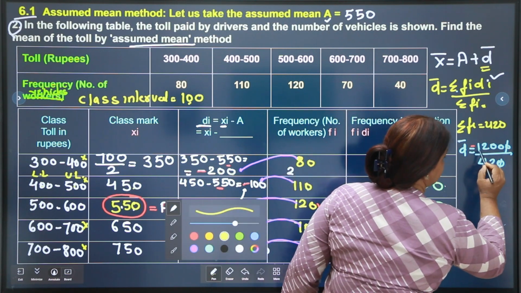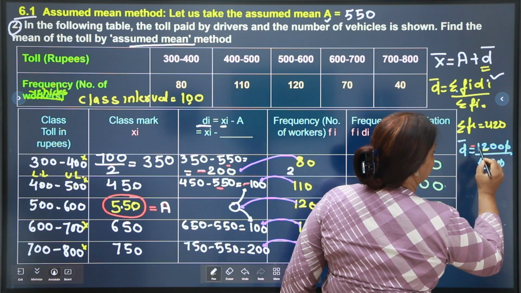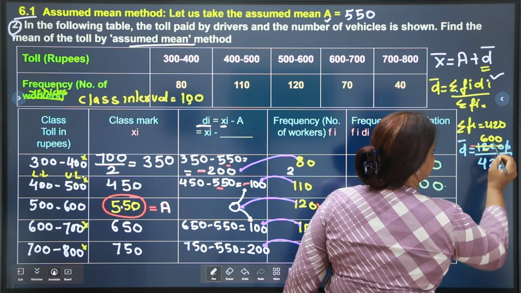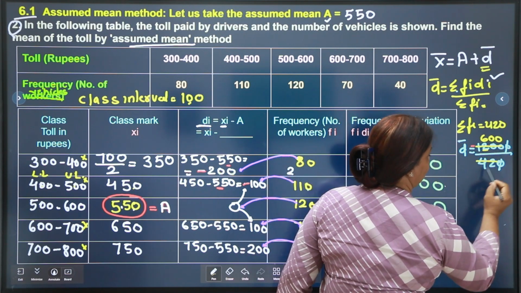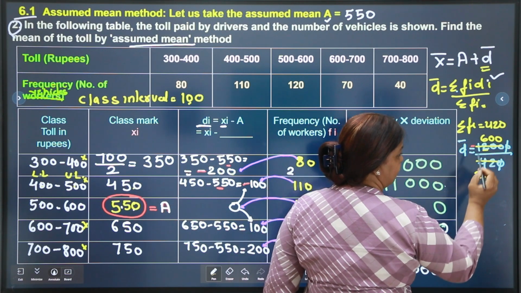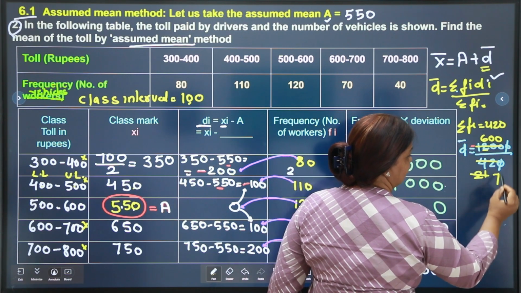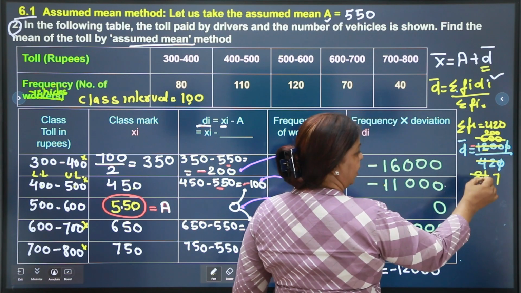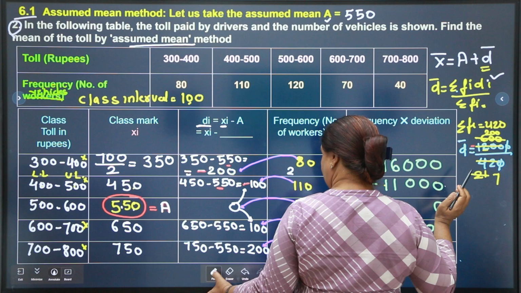See children, this is an even number, this is also an even number. We can easily divide by 2. 2 sixes are, 2 twos are, 2 ones are. Now these two numbers can be divided by 3. 3 sevens are, 3 twos are, 200 we got. Now 200 we need to divide by 7.